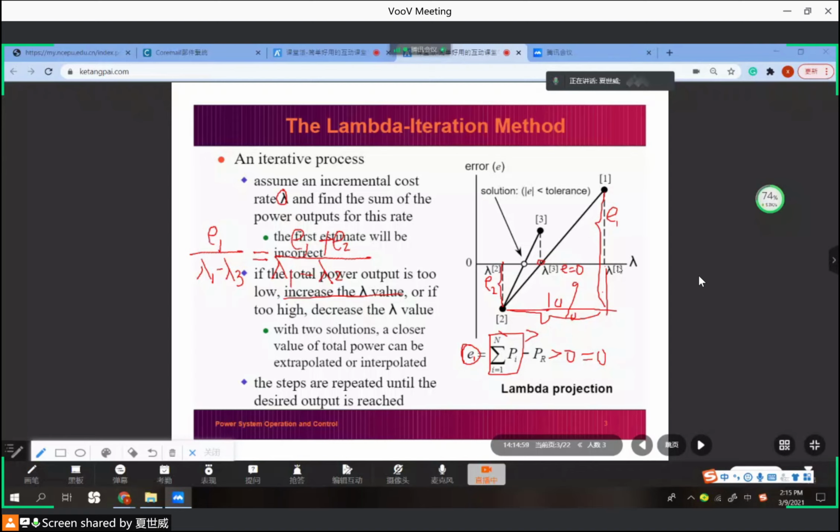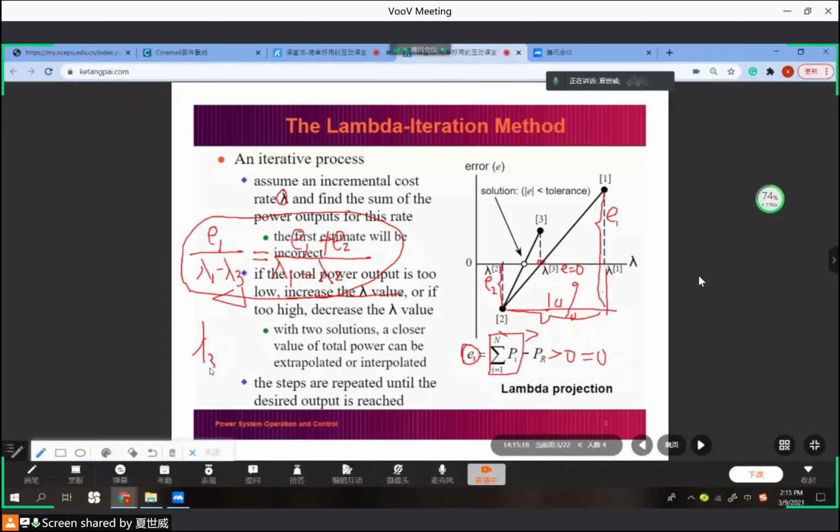E1 over lambda 1 minus lambda 3 equals E1 plus E2 over lambda 1 minus lambda 2. So based on this, you will know how to solve lambda 3.